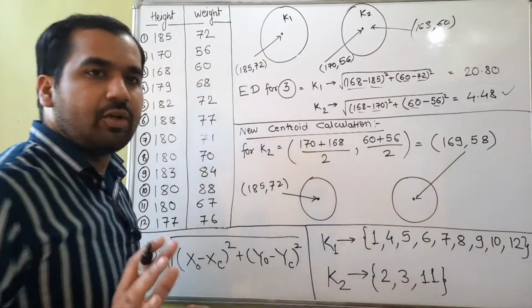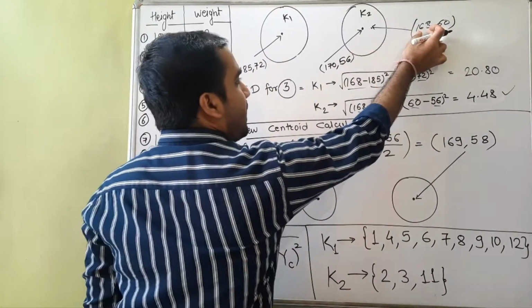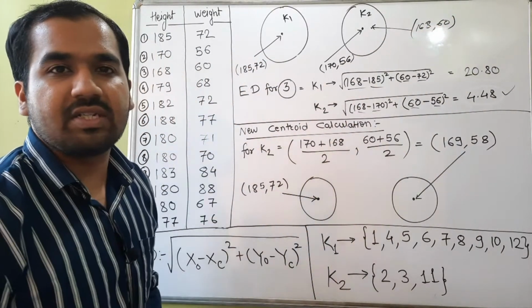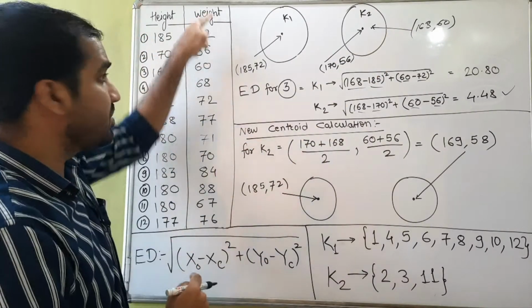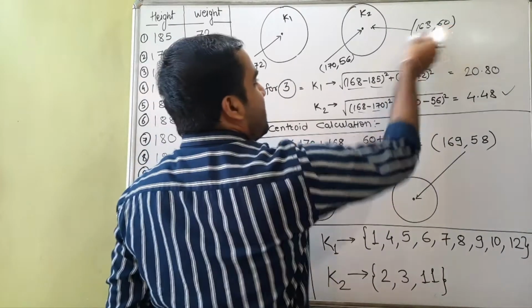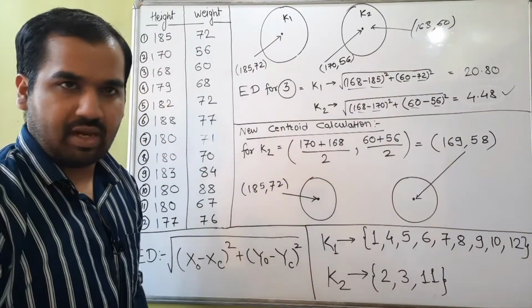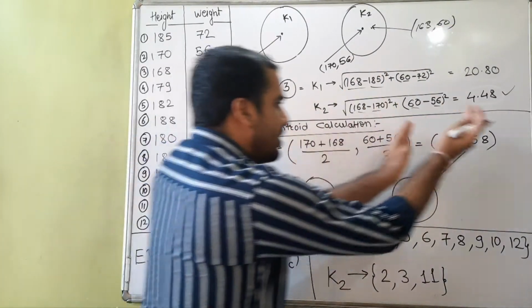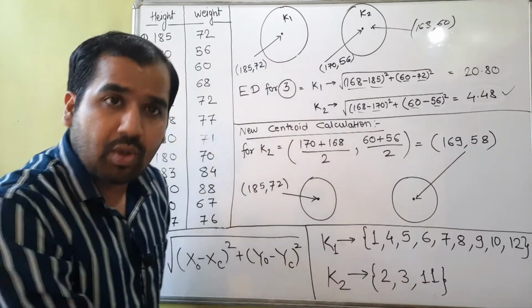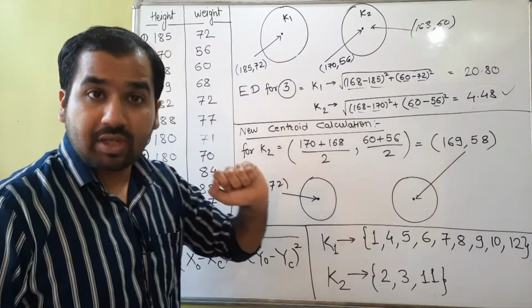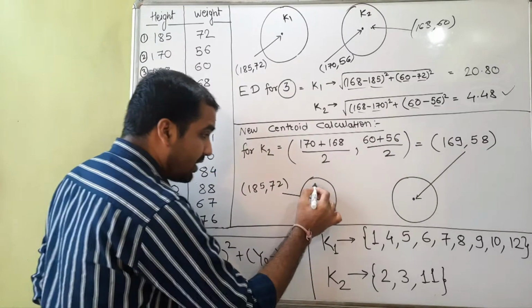So what we need to do now, 170 plus 168 divided by 2, that is we are just taking the average for the height values. Then comes the weight. 60 and 56, just take the average of that, and whatever resultant is generated will be now your new centroid for the cluster 2.